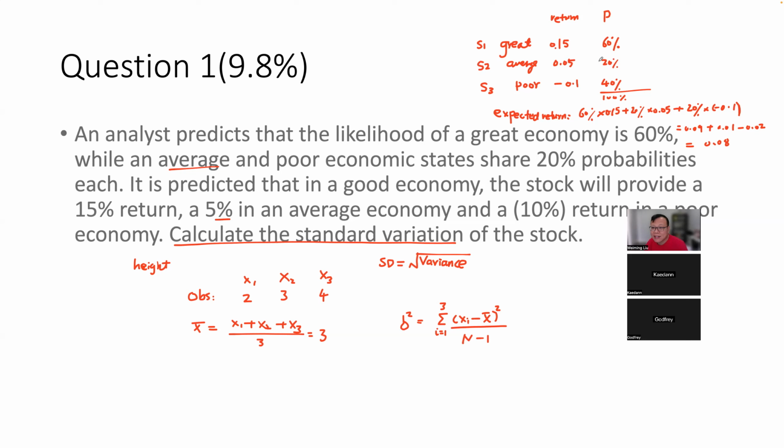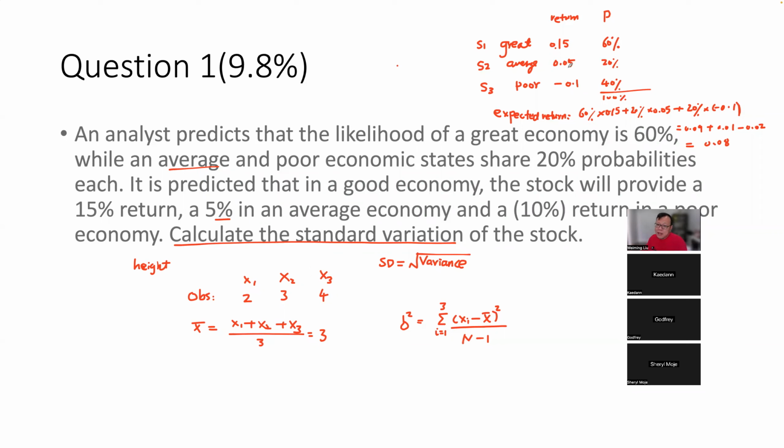You can see that the best outcome is 15%, the worst outcome is negative 10%, and the mediocre is 5%. So when you think about the expected return, on average, if you keep playing this game many times, the expected return should be 8%.